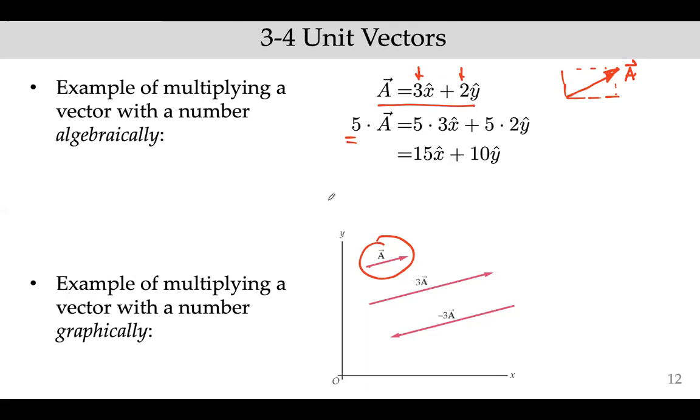And if you also multiply by a negative number, then you would get a vector which is exactly in the opposite direction. So now look at the ratio, 3 to 2, right? And look at the ratio here, again, 3 to 2. So multiplying a vector with a number does not change its direction, it just changes its magnitude, which is the length.